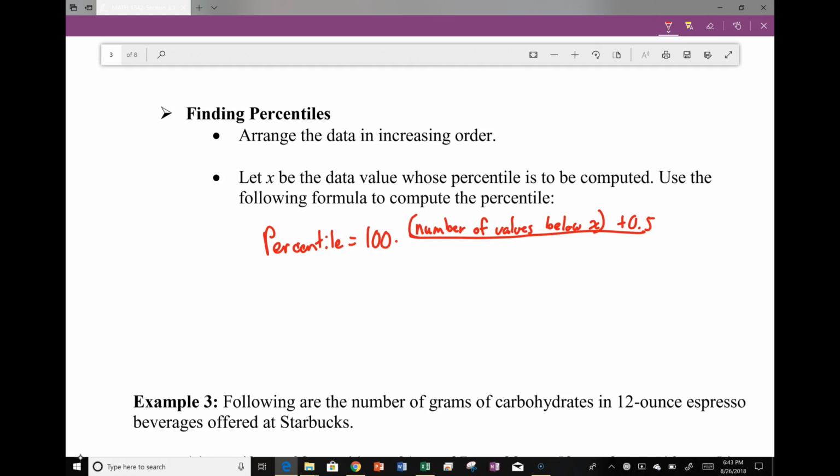The reason we tack on that 0.5 is again to give us that buffer room, because we probably don't have the population. This is my numerator. The denominator is the total number of values in the data set, so this is my sample size, my N.